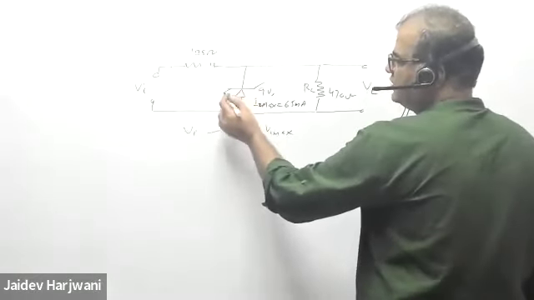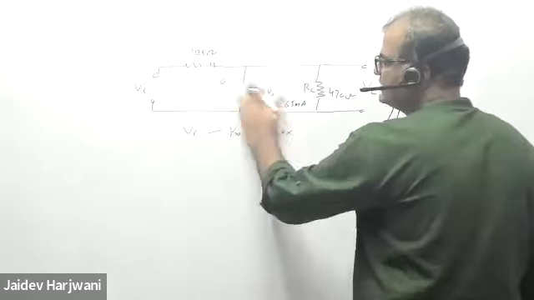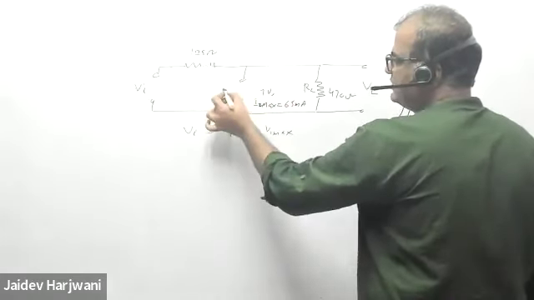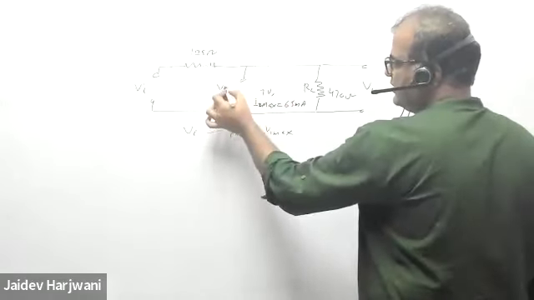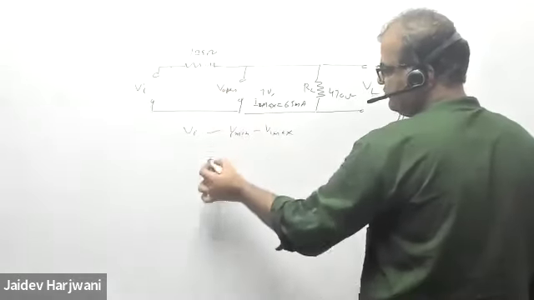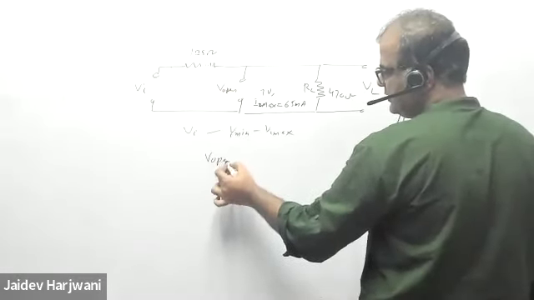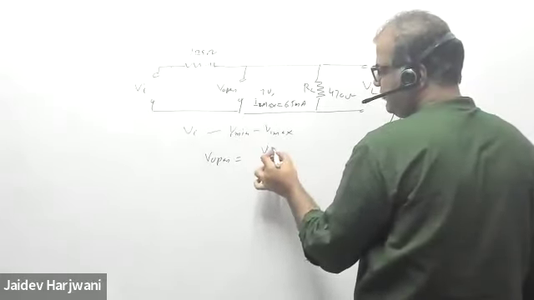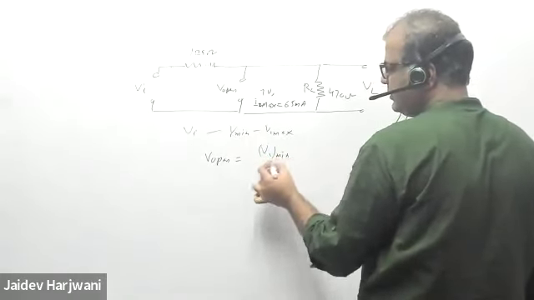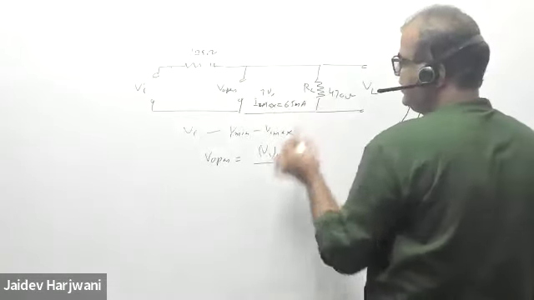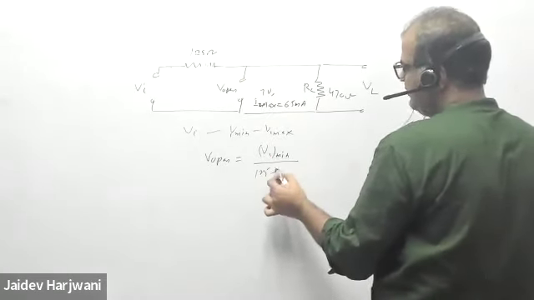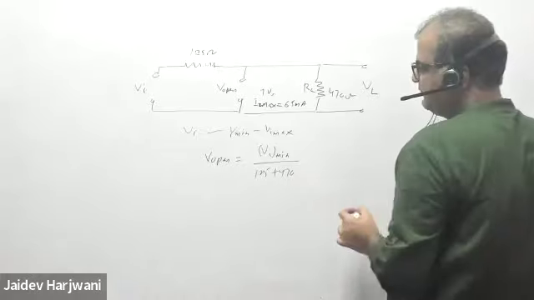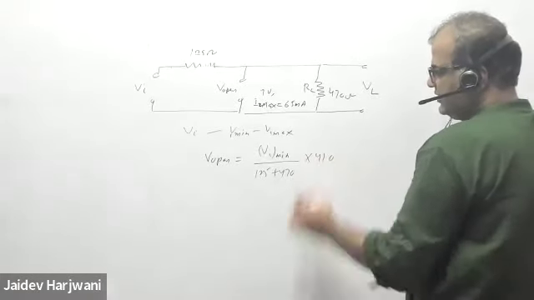For V input minimum, this should be on. So I'll remove this one and find the open circuit voltage, V open or VZ. So V open will be equal to V input minimum upon (125 plus 470) into 470.